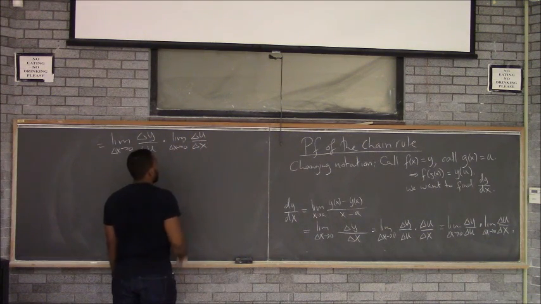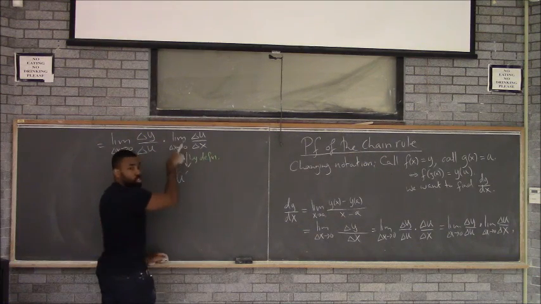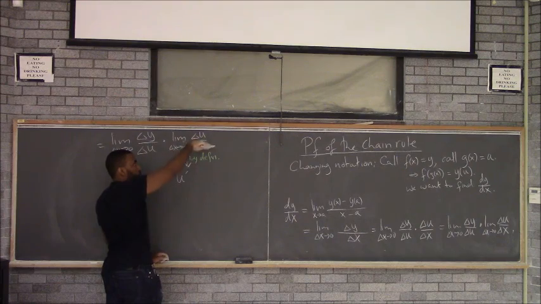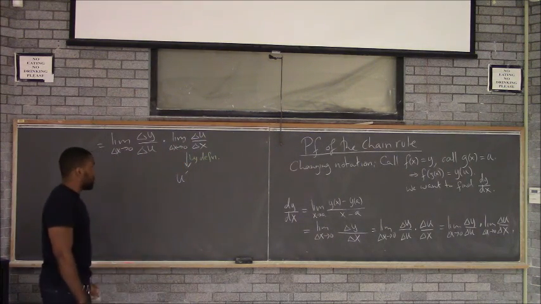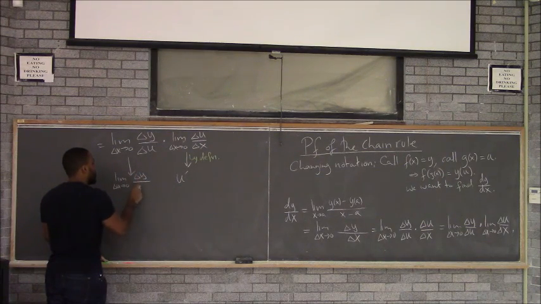Now, this guy here is u prime by definition. That's the definition of the derivative for the function u, right? Change in u over change in x as the change in x goes to 0. This one, though, this is going to be the limit as delta u approaches 0 of delta y over delta u.